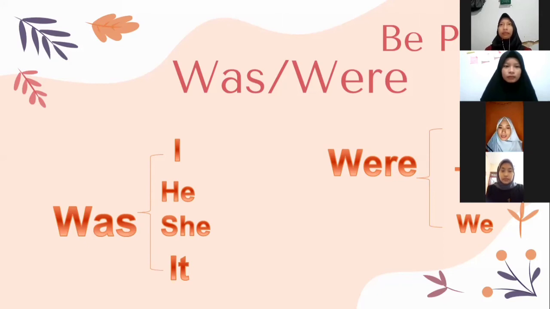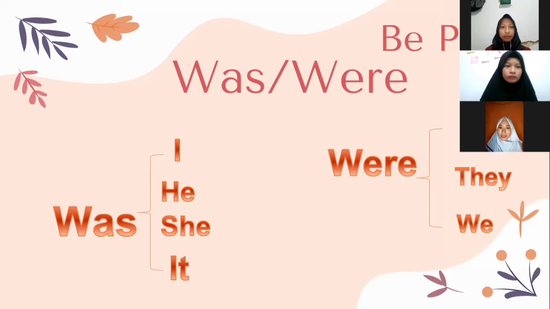And then for subjects like he, she, and also it, it is a single subject, so we use was as a be. Okay, and then for plural subjects, we can use were. We can use were if the subject is you or they or we.